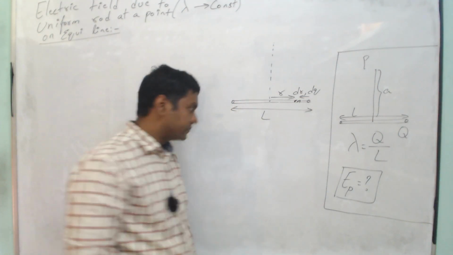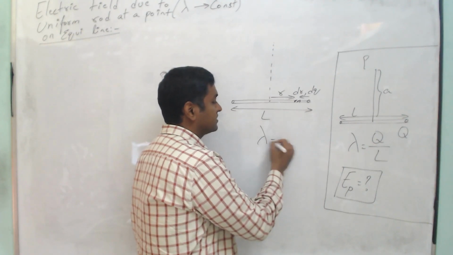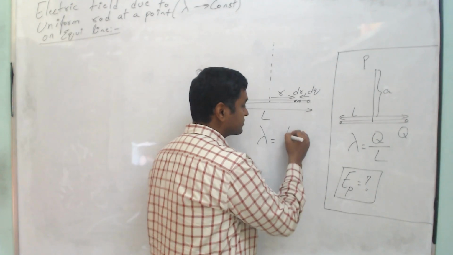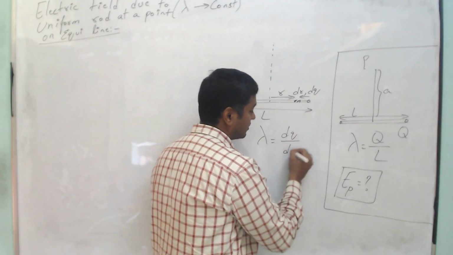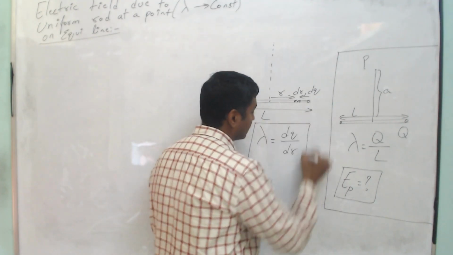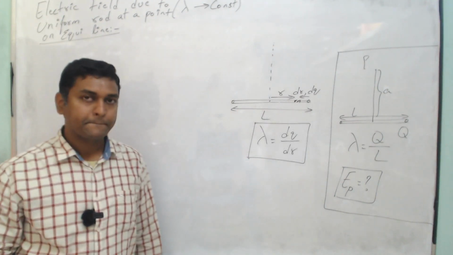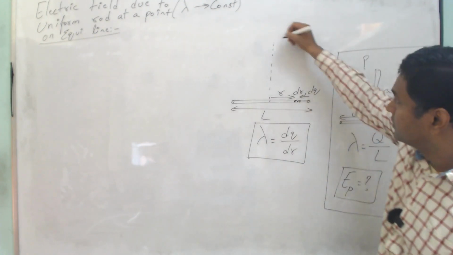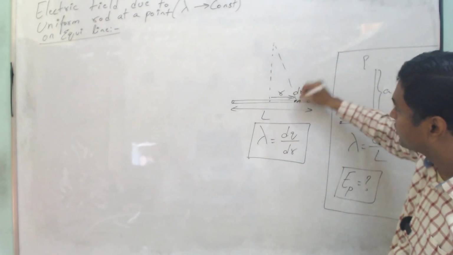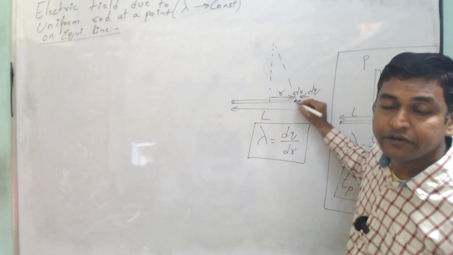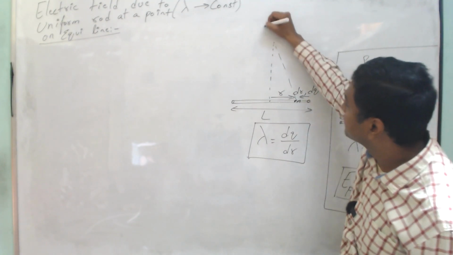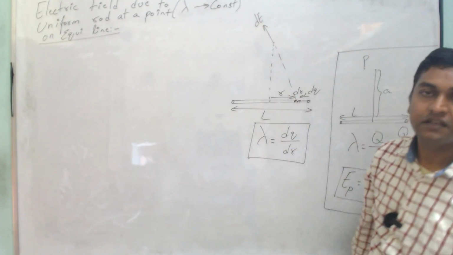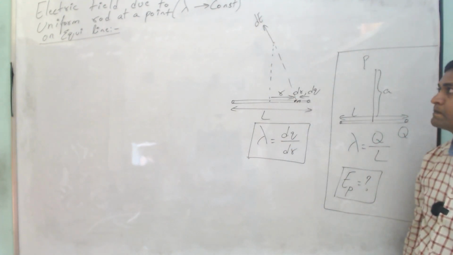Implies I can say that the lambda for that small portion can be written as dq by dr. Here we are taking r, so I've written it as r. Now I will just connect these two with a dotted line. The electric field due to this small element over here will be in that direction, and it is dE. Is this clear?